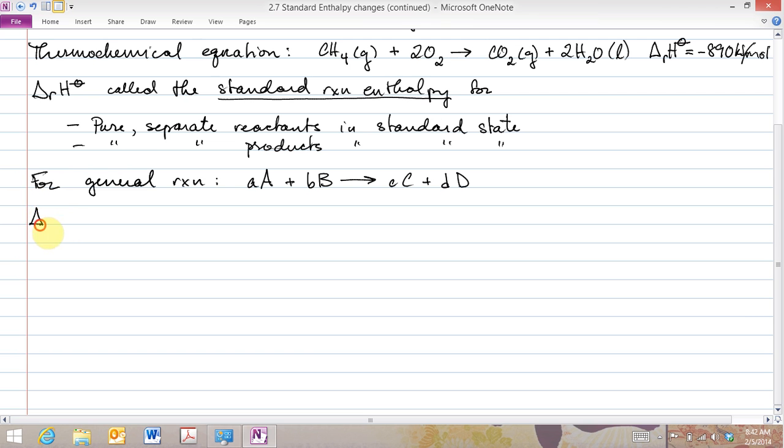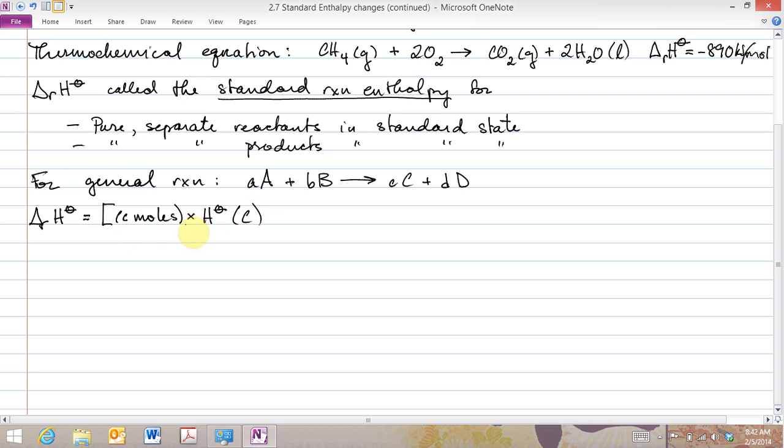We can sum up the standard enthalpies of the various substances to calculate the standard enthalpy of the reaction. What we do is multiply the number of moles of a pure substance with the standard enthalpy of the pure substance.